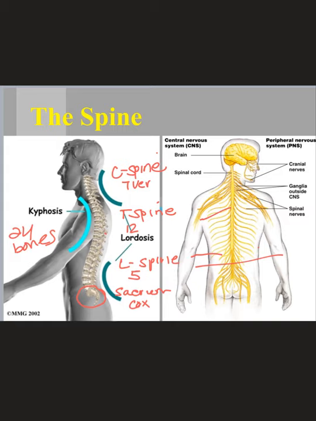So we'll talk a little bit more about that a little bit later when we're actually looking at the different vertebrae. But in essence, what you need to know is that the spinal cord literally sits central within the middle of each of these vertebrae. It extends from the cranium, so you see that here, and it goes all the way down to about the first or second lumbar vertebrae.